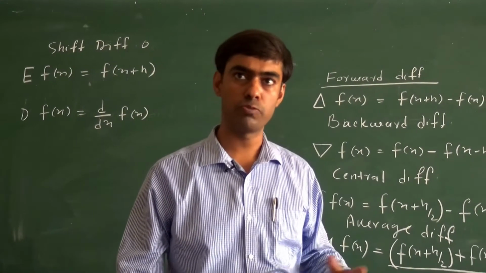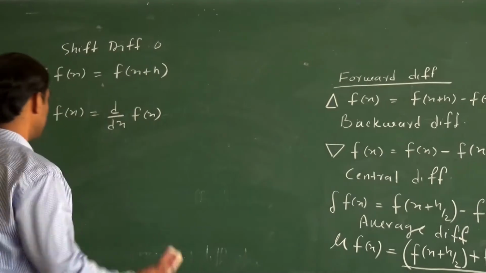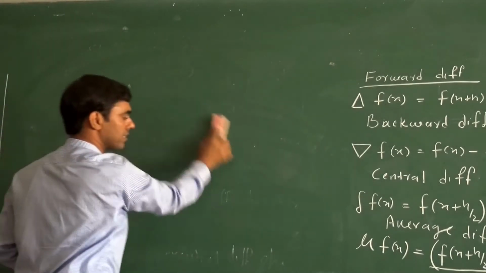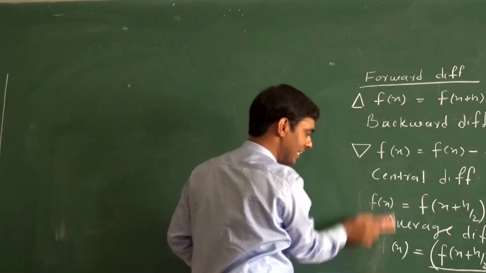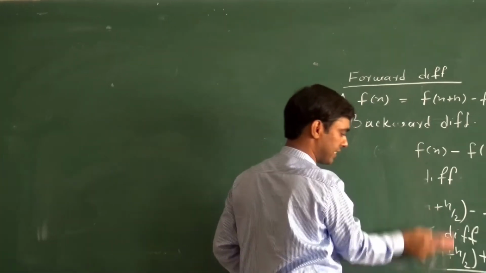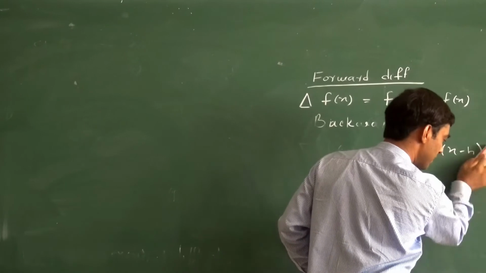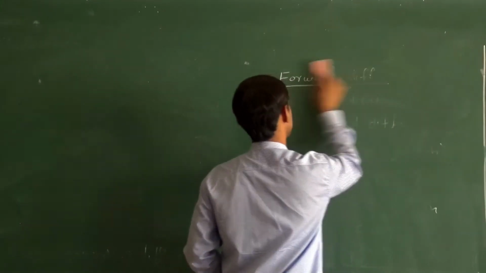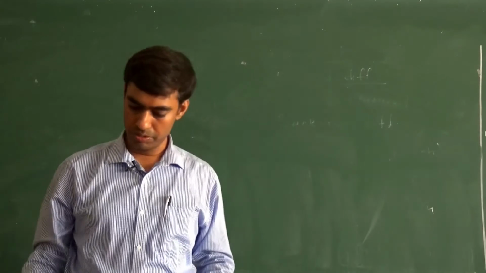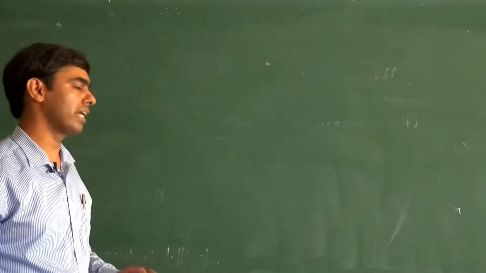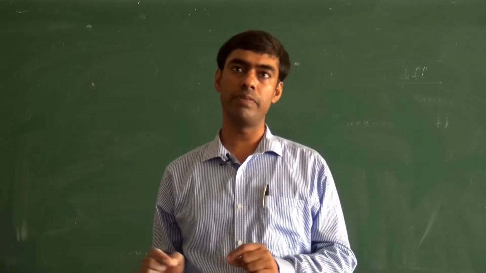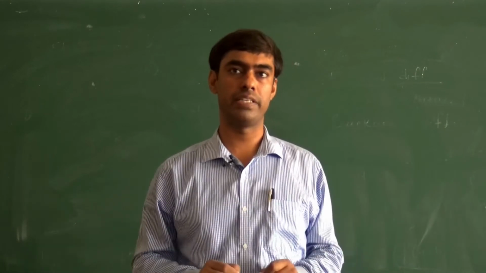By finding the relation between E and all the other difference operators, we can establish the relation between them in terms of the other difference operators. So our aim is to find the relation between the different difference operators.